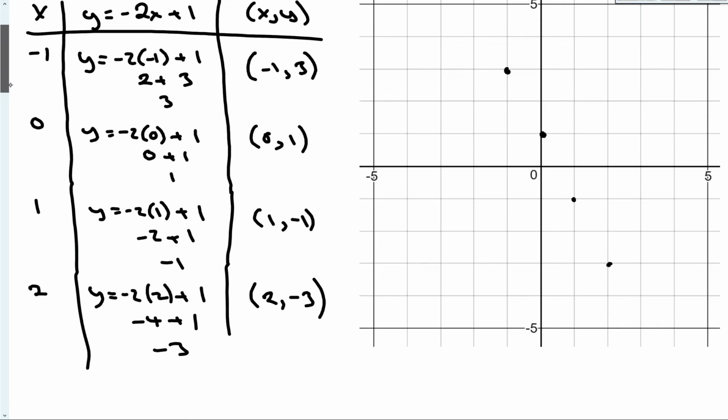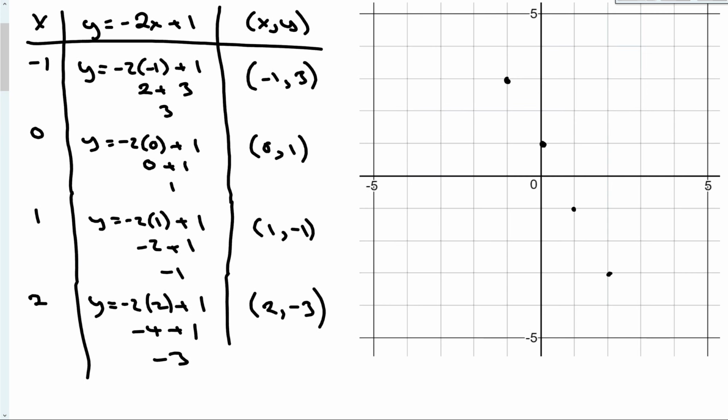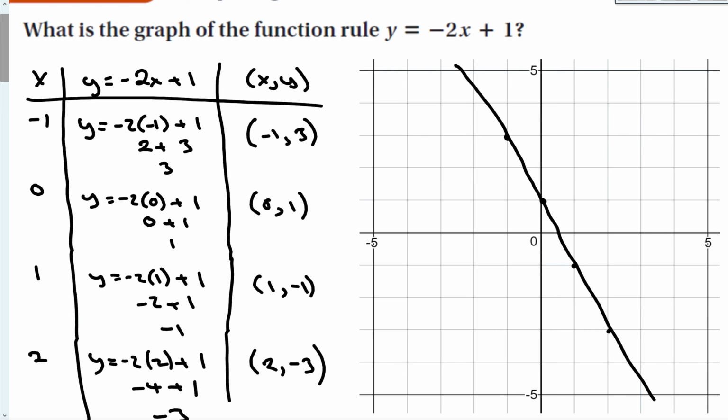Right? So now all I have to do to graph my function is to take all my dots and make a nice smooth line that goes right through them. Should be relatively straight, but we get the idea. So that would be the graph of the function rule negative 2x plus 1.